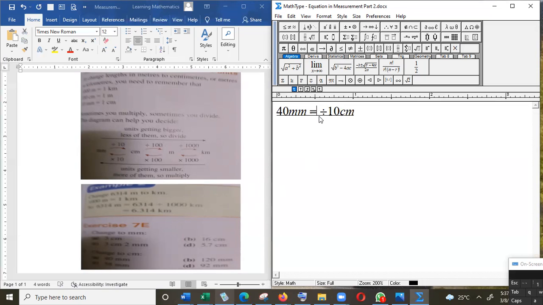So that'll be 40 divided by 10, which is equal to 4 centimeters.